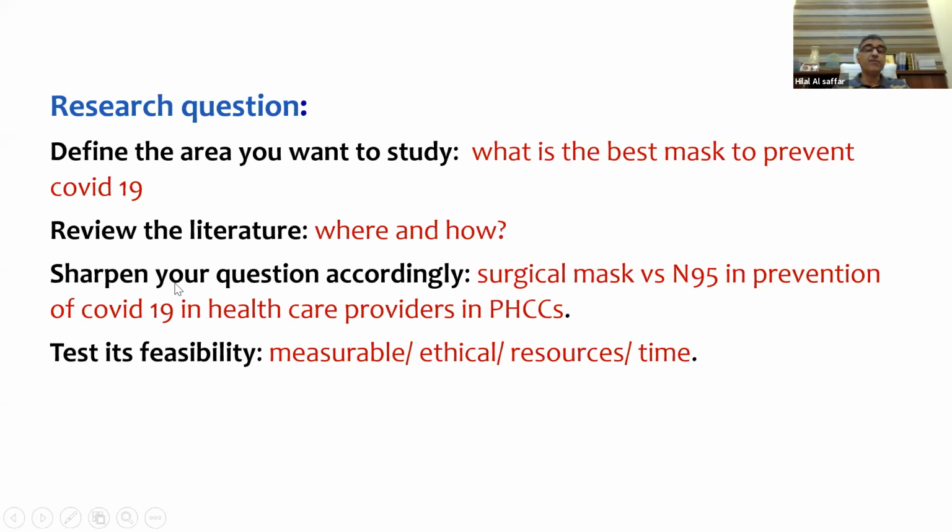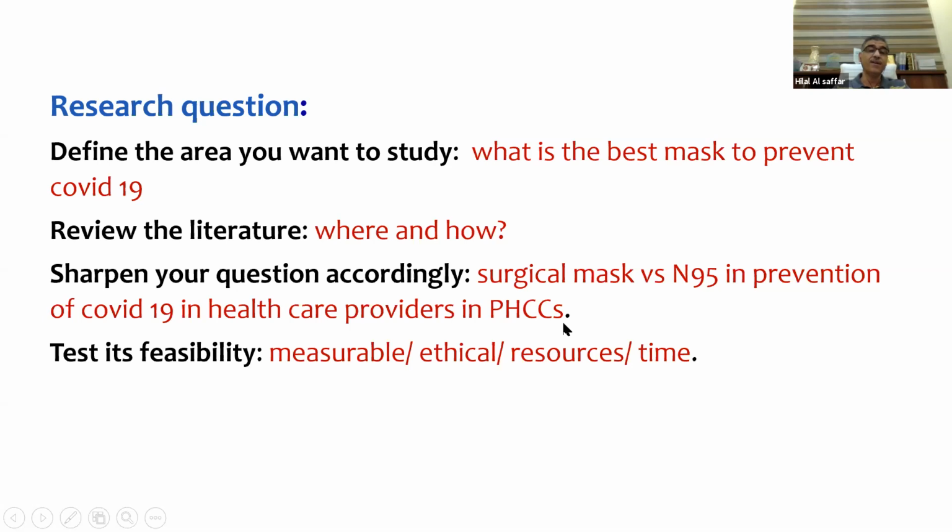The next step, after the literature review, is that we should sharpen our research question accordingly, according to what we get from the literature review. So for example, instead of saying mask, we say surgical mask versus N95 in prevention of COVID in healthcare providers in primary healthcare centers.